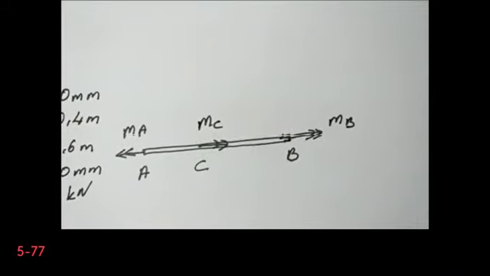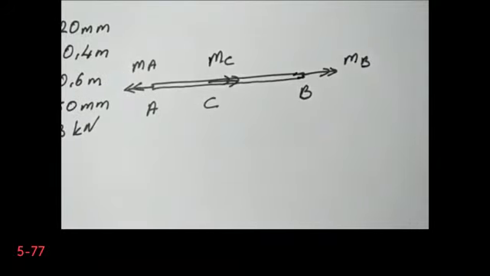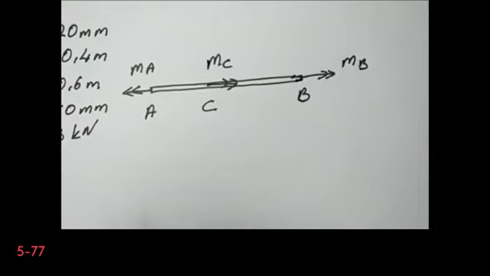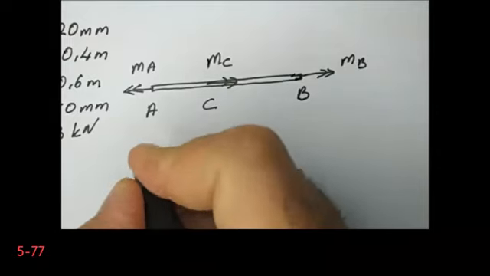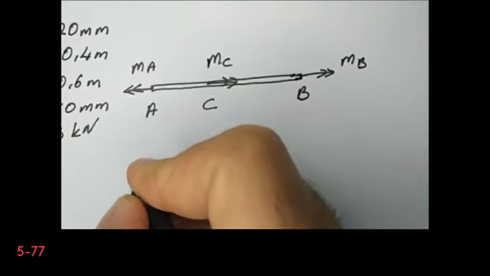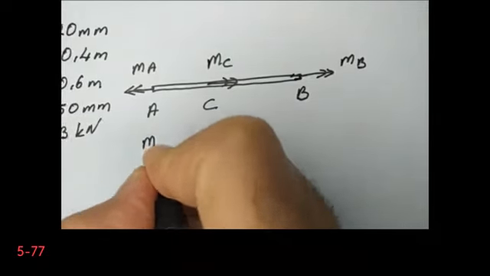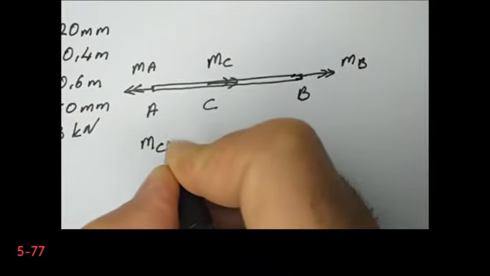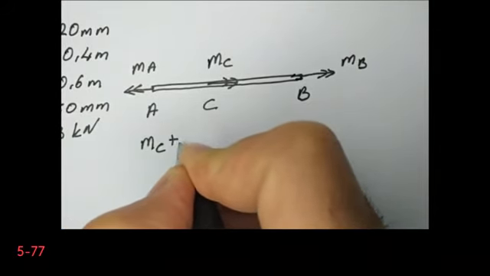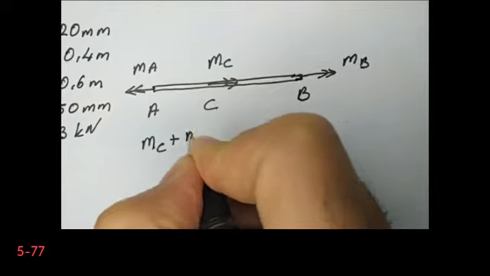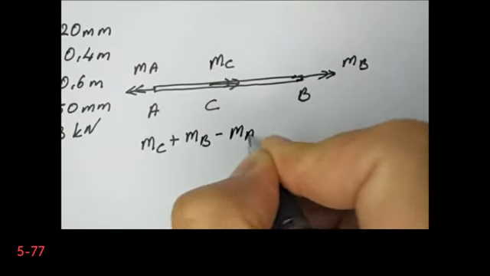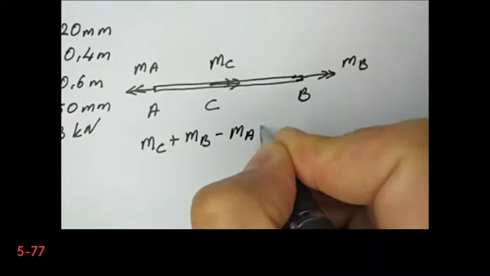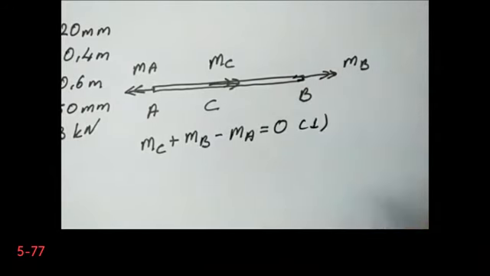Now, first thing that I'm going to do is I will write static equilibrium for this configuration. So MC plus MB minus MA is equal to 0 from static equilibrium.